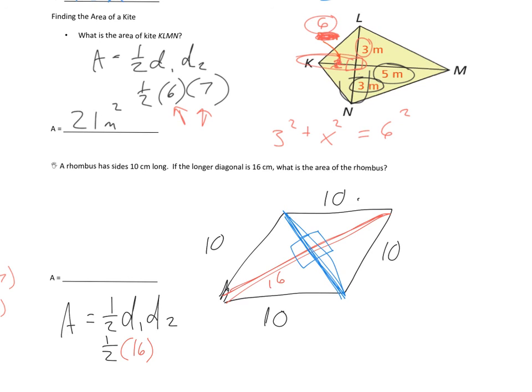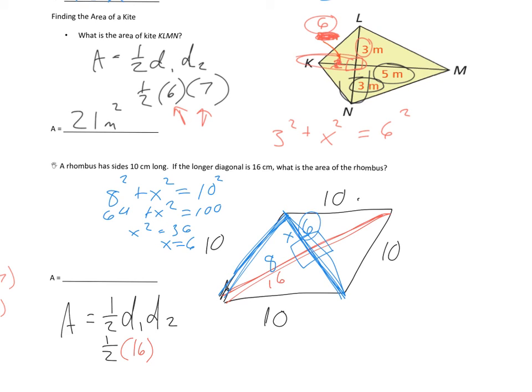Well, if the whole thing is 16, then this piece is 8, and that piece is x. So I would have to say 8 squared plus x squared equals the hypotenuse, which is 10 squared. 64 plus x squared equals 100. x squared equals 36. x equals 6.